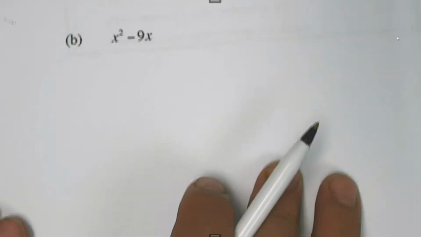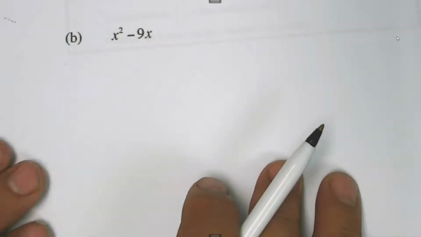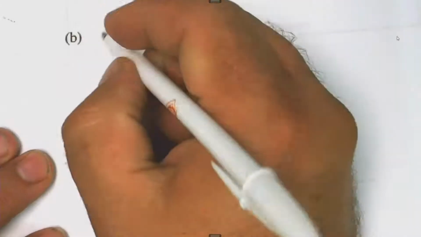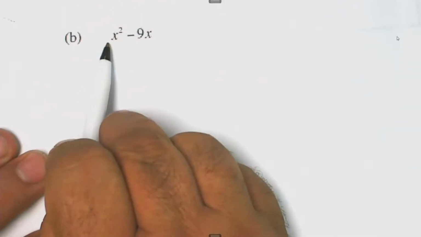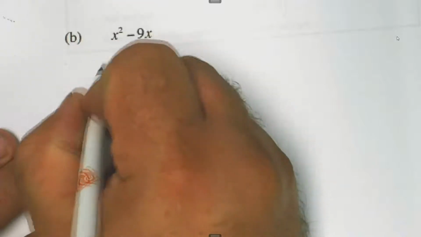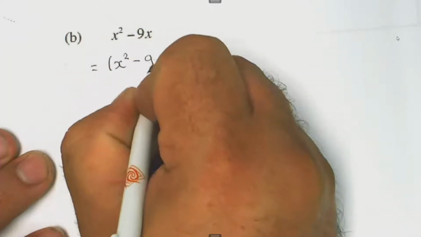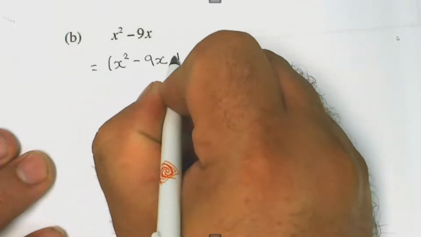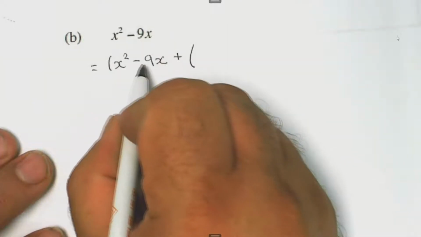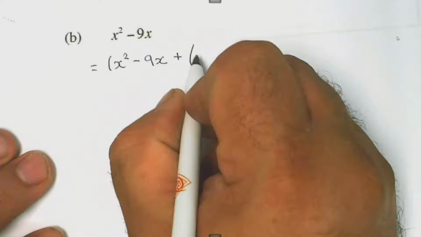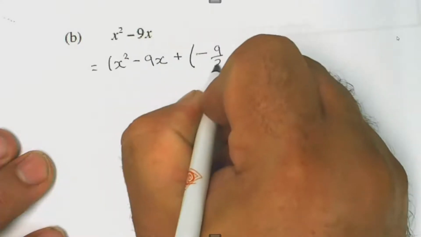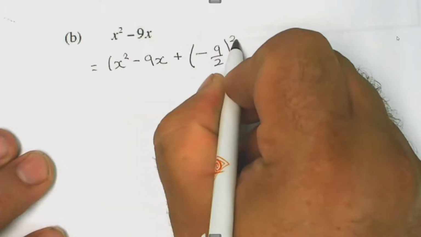Right. In order for us to complete the square for this, the first step is to make the coefficient of x² 1. It is 1. The second step is to keep the first two terms. Then you add half the coefficient of x. So half of negative 9 is negative 9 over 2, to be squared.